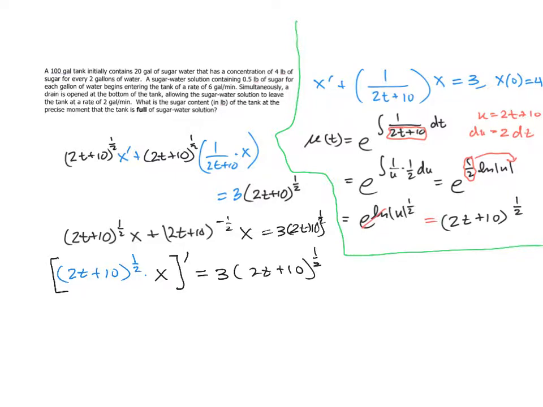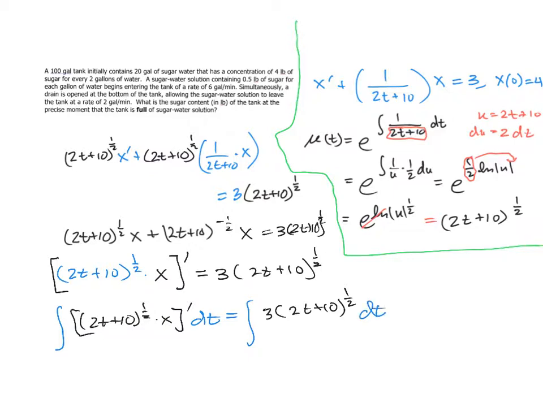And we know the next step is to integrate both sides with respect to the independent variable. So that's the integral of this 2t plus 10 to the half power times x prime, and again, we're integrating with respect to t, is equal to the integral of the 3 times 2t plus 10 to the half power with respect to t.